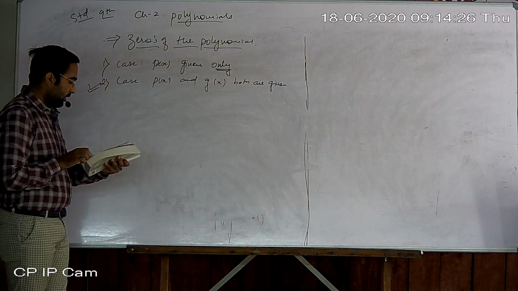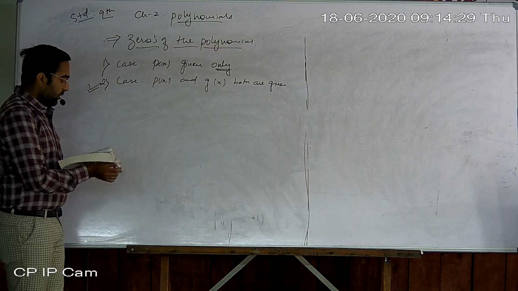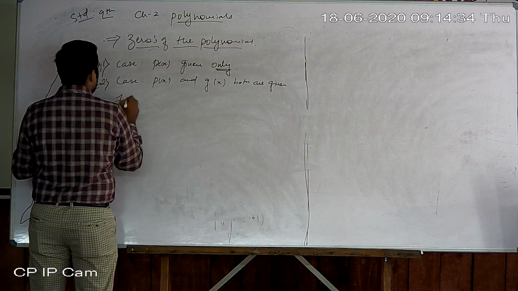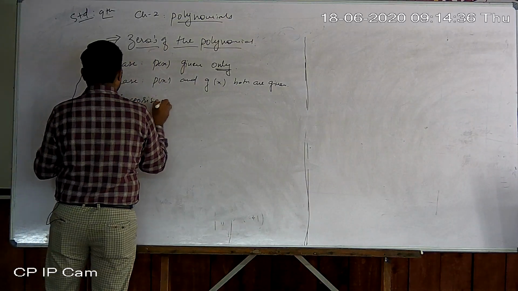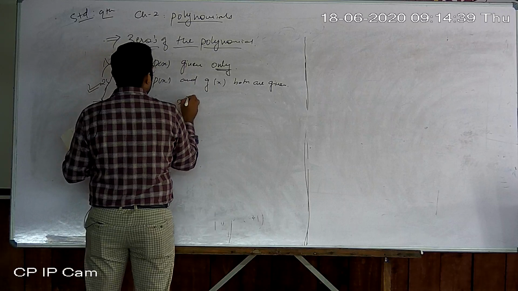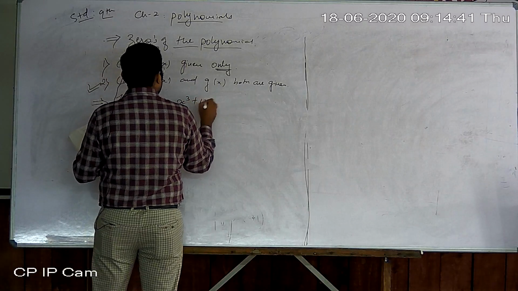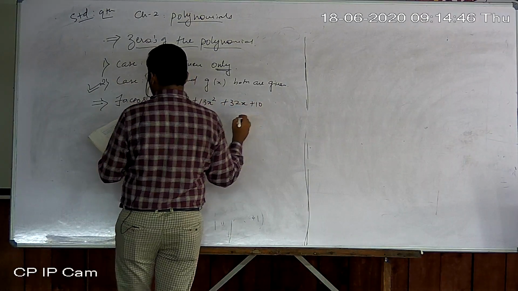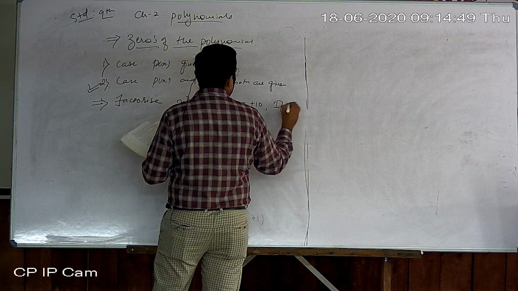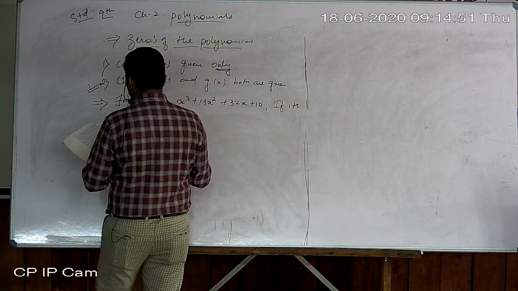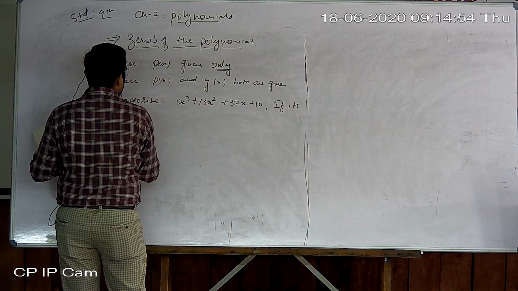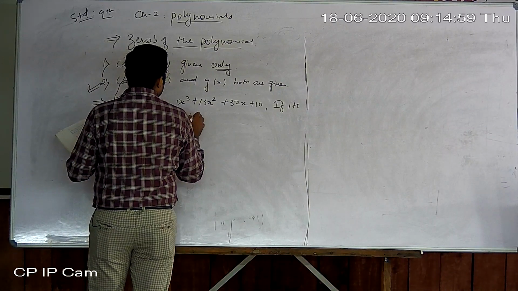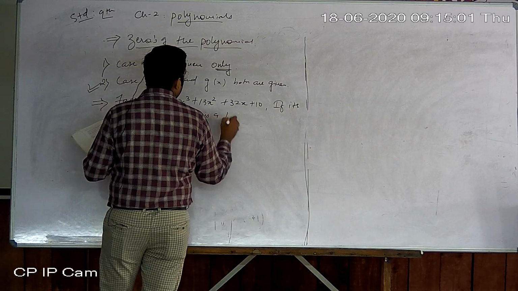So my question is, factorize x cube plus 13x square plus 32x plus 10, if it's given that x plus 2 is a factor.